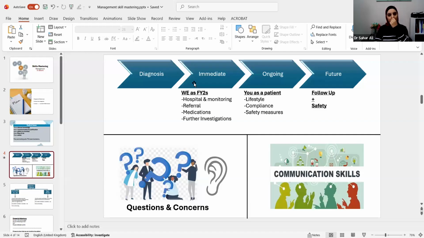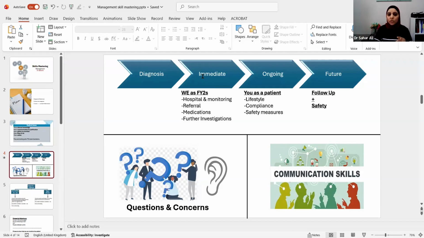Then, after diagnosis, you have to think about the immediate management. To be organized, you have to find out, what should I do immediately now as an FY2 doctor? What's my job? What are my limitations? What is in my hand to do for this patient?